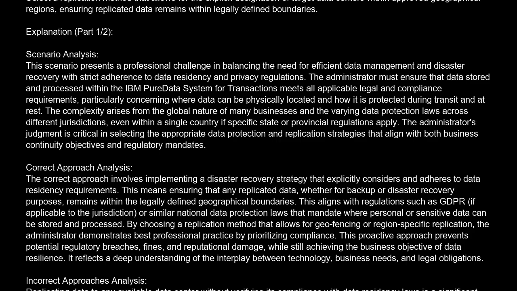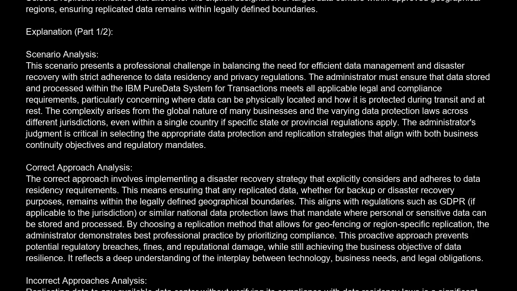Correct approach analysis. The correct approach involves implementing a disaster recovery strategy that explicitly considers and adheres to data residency requirements. This means ensuring that any replicated data, whether for backup or disaster recovery purposes, remains within the legally defined geographical boundaries. This aligns with regulations such as GDPR, if applicable to the jurisdiction, or similar national data protection laws that mandate where personal or sensitive data can be stored and processed.